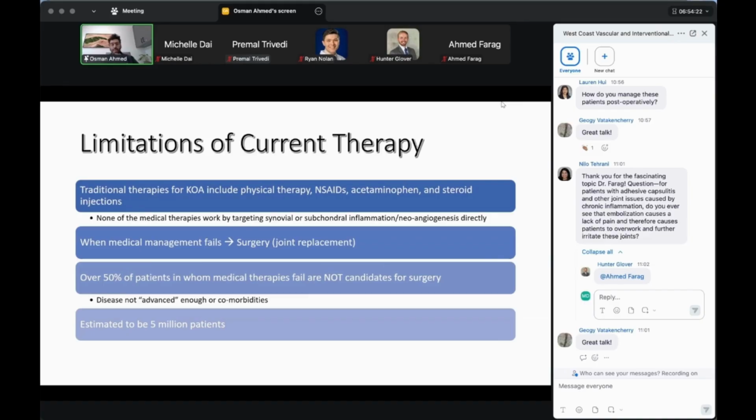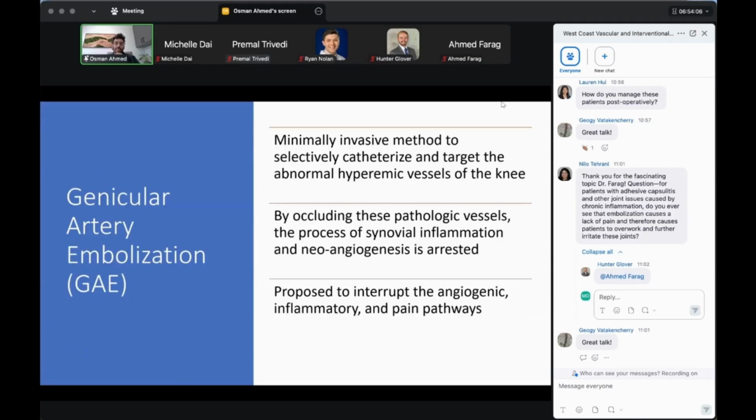It's a huge gap because there are so many patients with knee OA, and it's estimated that as of last year, that's about 5 million patients. That really dwarfs almost everything else we do in IR in terms of patients that may benefit from our therapies. And that's why GAE, I think, has gotten super popular, because it's a minimally invasive method to selectively catheterize and target these abnormal neovessels of the knee.